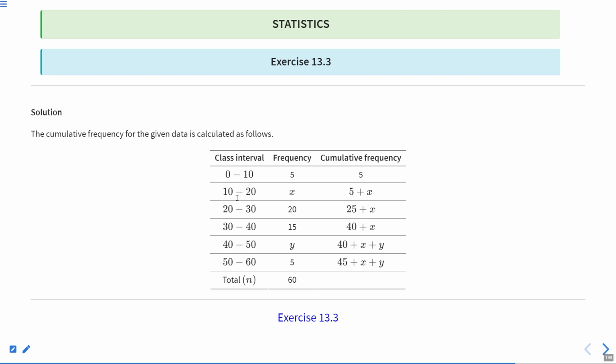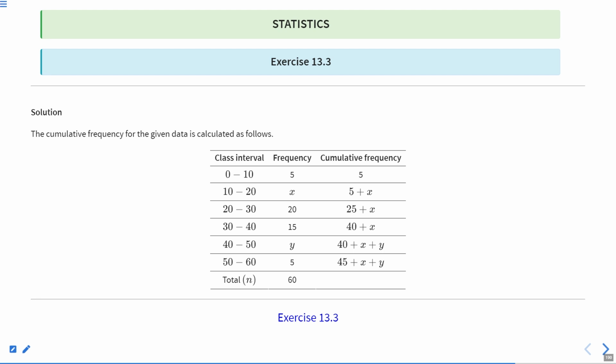And for the class 20 to 30, the frequency is 20, and the cumulative frequency is equal to 25 plus x. And for the class 30 to 40, the frequency is 15, and the cumulative frequency is equal to 40 plus x. And for the class 40 to 50, the frequency is y, and the cumulative frequency is equal to 40 plus x plus y.